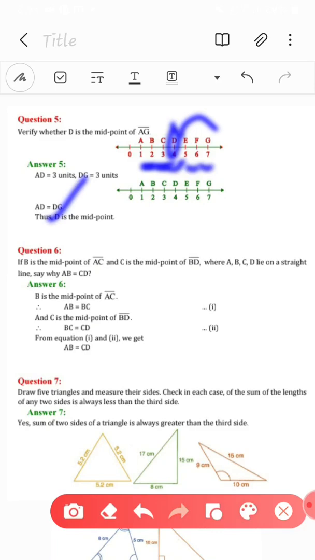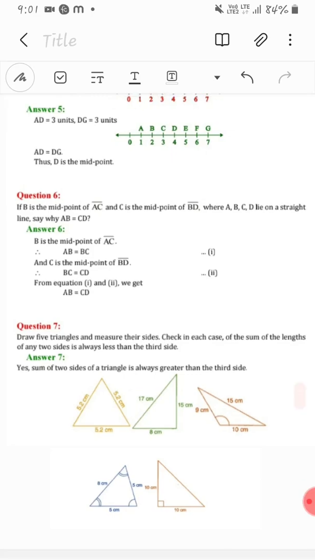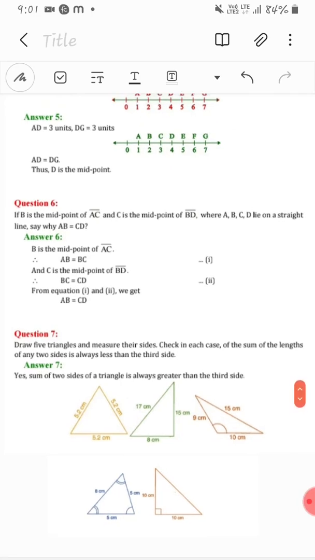Now let's move to question number 6. If B is the midpoint of AC and C is the midpoint of BD, where A, B, C, D lie on a straight line, show that AB is equal to CD. As mentioned in the question, B is the midpoint of AC.